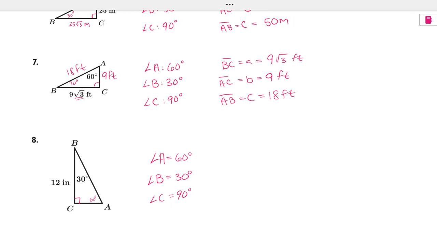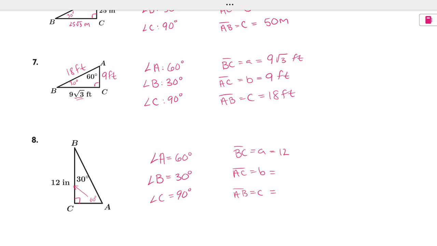So let's go our side BC, side AC, and side AB. So we're given side A, right? We're given that BC side is 12, which is across from 60.